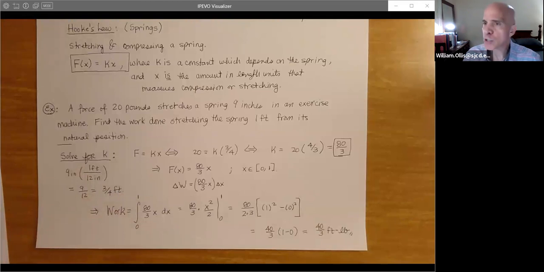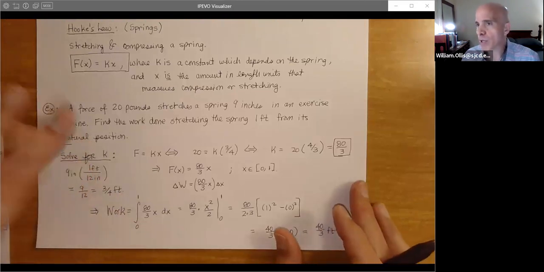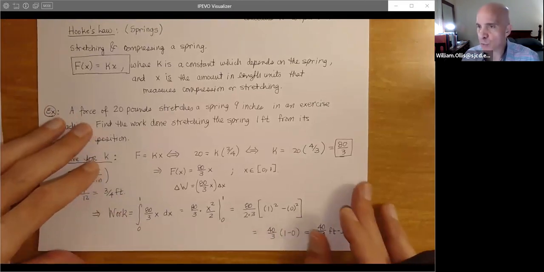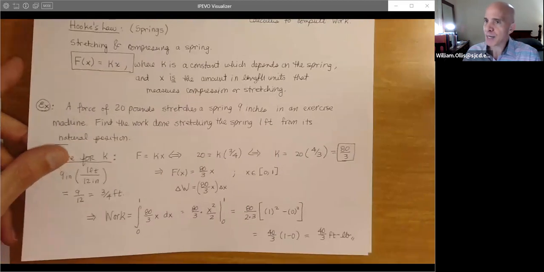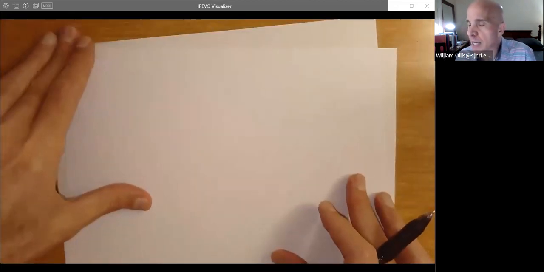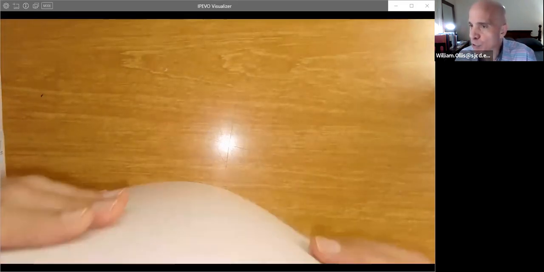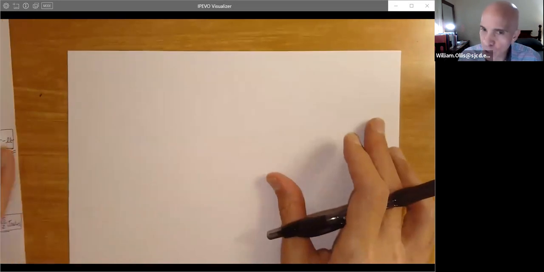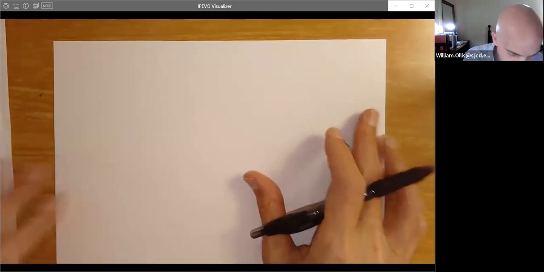And so it's usually not very difficult to figure that out. But here's one other example working with the spring that I thought was interesting that turns things around a little bit. It gives you the information in a backwards format, which I think is interesting to see.